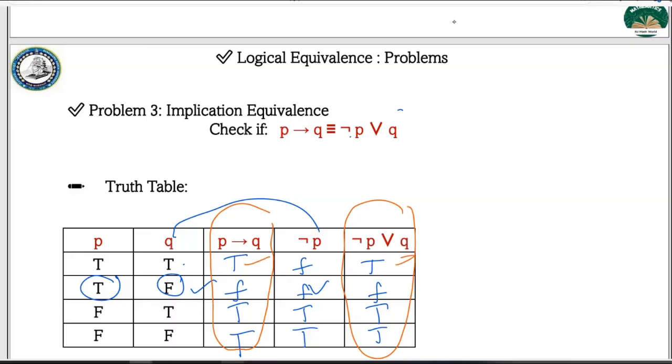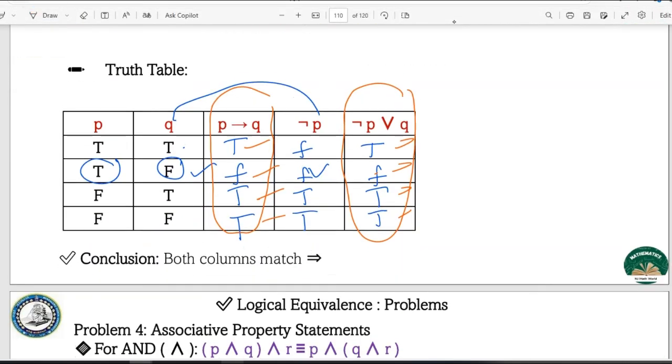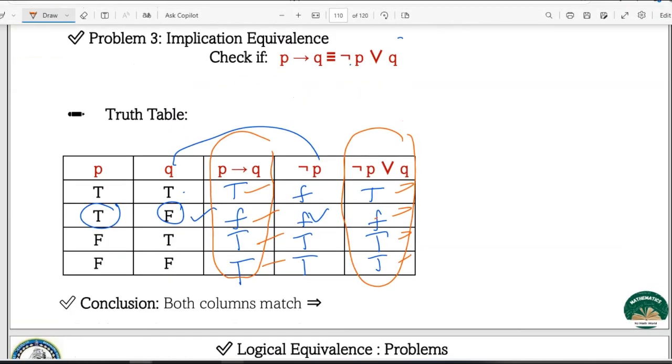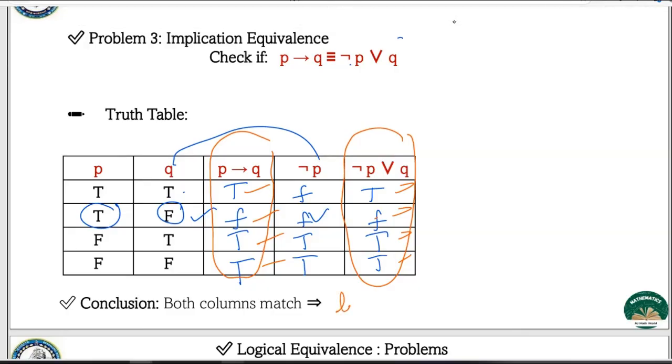The answers are T and T, F and F, T and T, and T and T. Both are the same. They are logically equivalent statements. So you can write here they are logically equivalent.